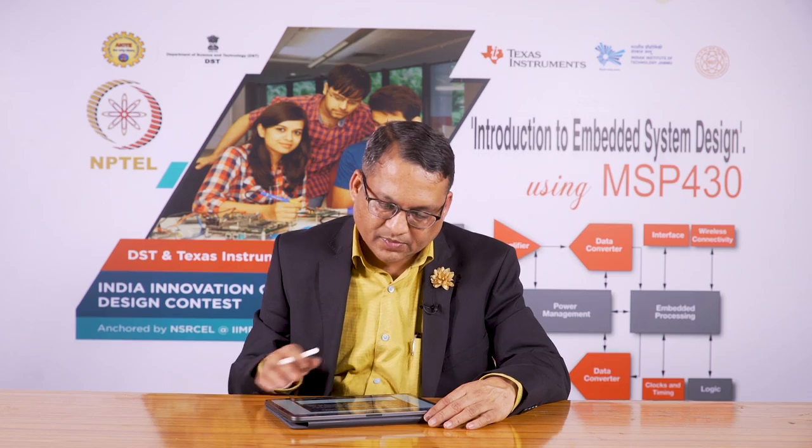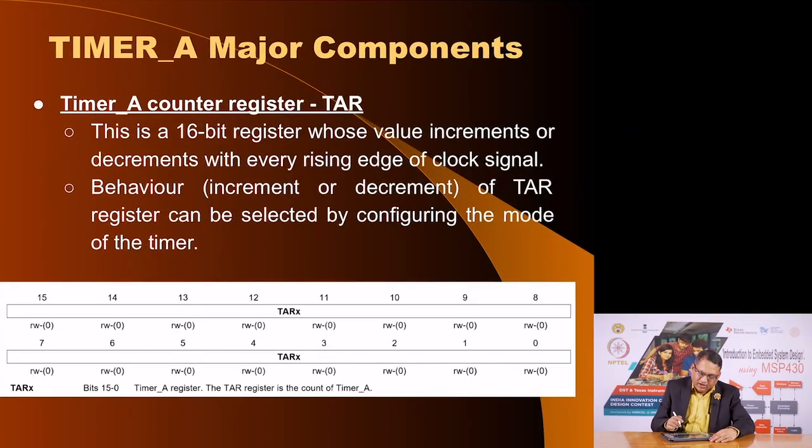You have another timer. So, this is timer A0 and timer A1, and both of them have these 3 channels which allow you to do multiple things. The major components of a timer are a timer counter register, as we have seen, TAR. In both the timers that we have, they are all 16-bit registers, they are all read write registers.